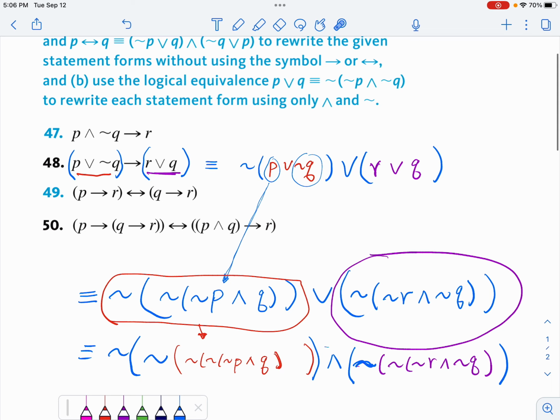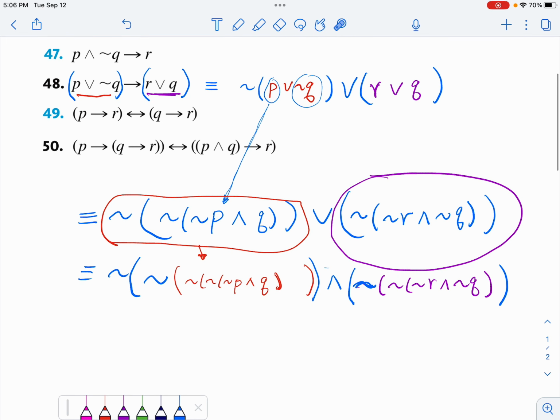Now, obviously, there's a little bit that you can simplify. Sometimes it's a little too much right here, and I hope you can see that not and not can cancel. Negation and negation is just the same.